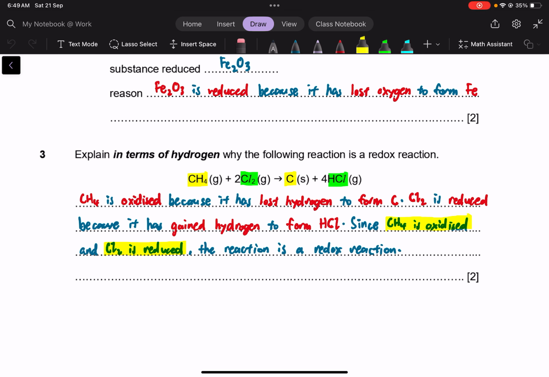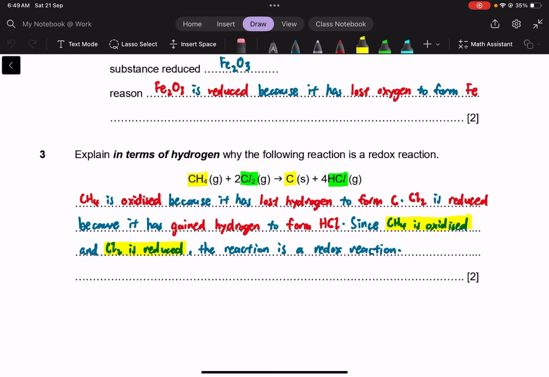Next, looking at this equation, methane gas reacts with chlorine gas to form carbon solid and hydrogen chloride gas. We are required to explain in terms of hydrogen.